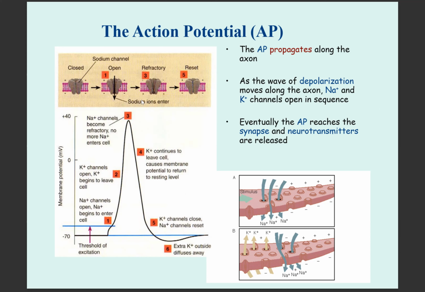That means there is so much sodium that we cannot have more coming in. So we call that what? The refractory period. Then potassium ions continue to leave the cell, causing the membrane potential to return to its resting level. The potassium channel will close, sodium channels will also reset, and then the whole thing begins.